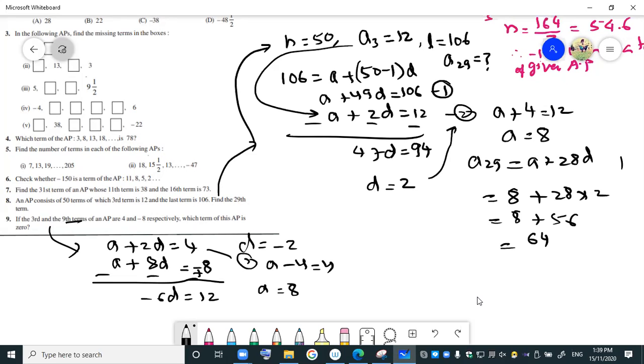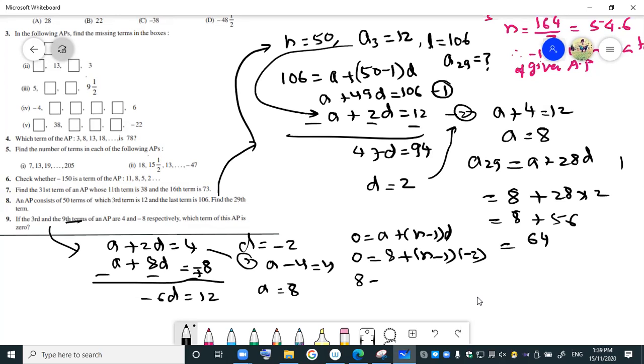Now which term will be 0? Let the nth term be 0, so 0 is equal to a plus n minus 1 into d, because we have to find the number of terms. So we will equate to 0, a is equal to 8 plus n minus 1, common difference is minus 2.